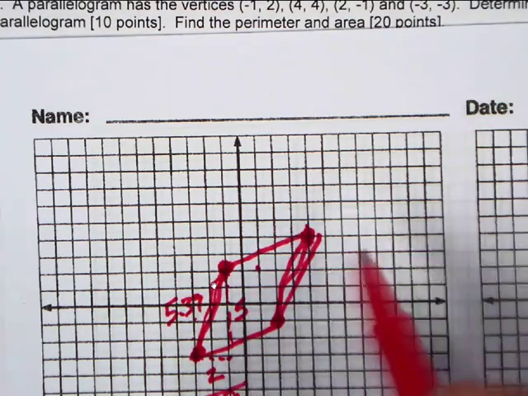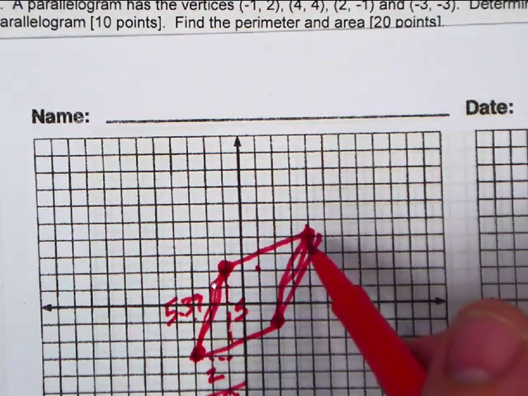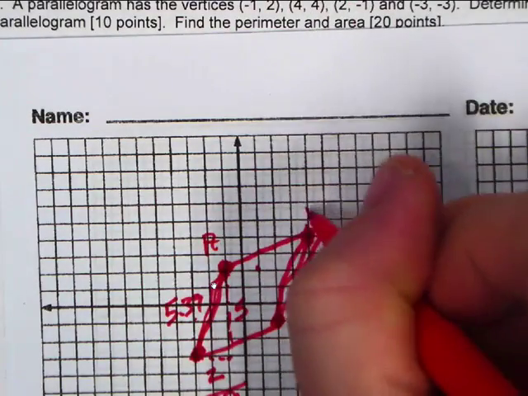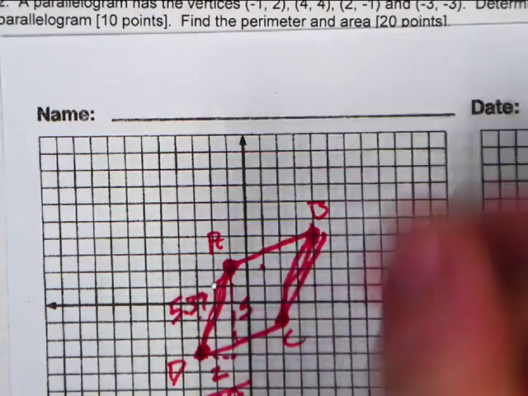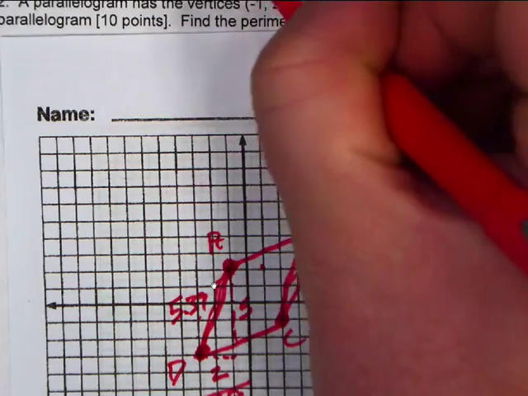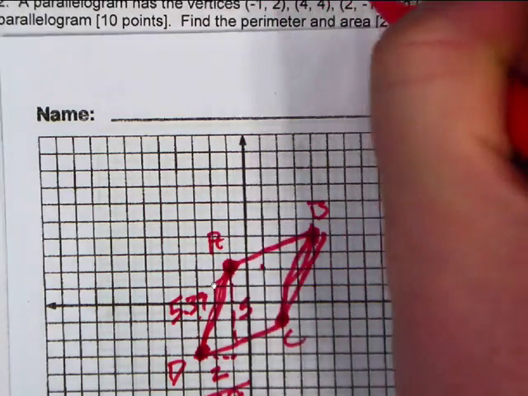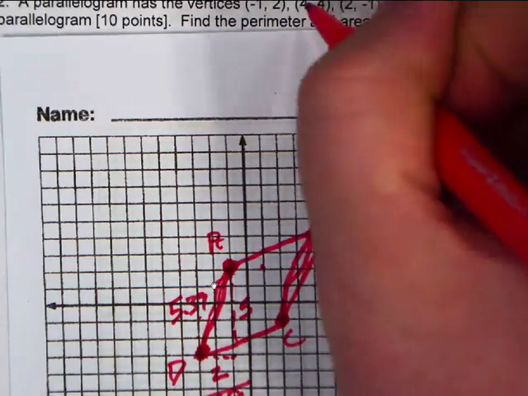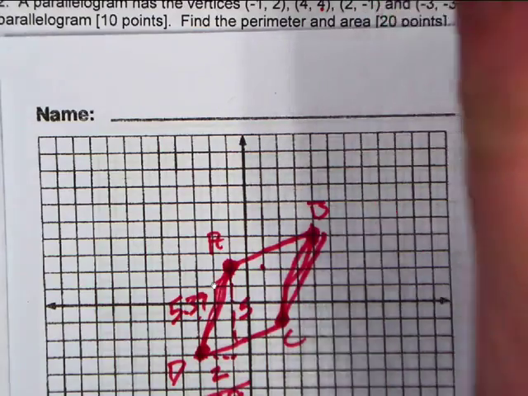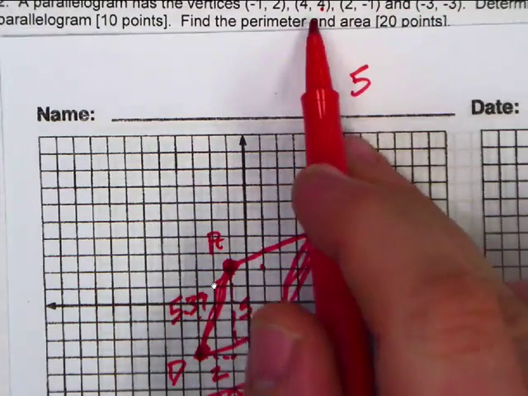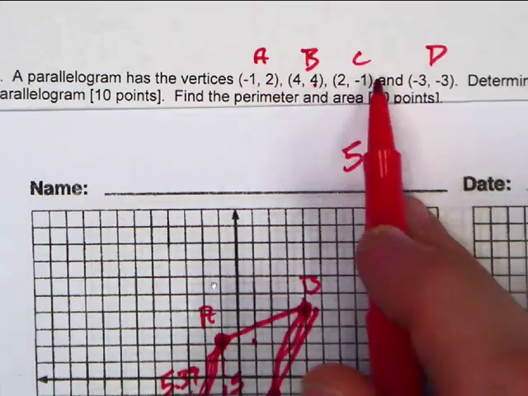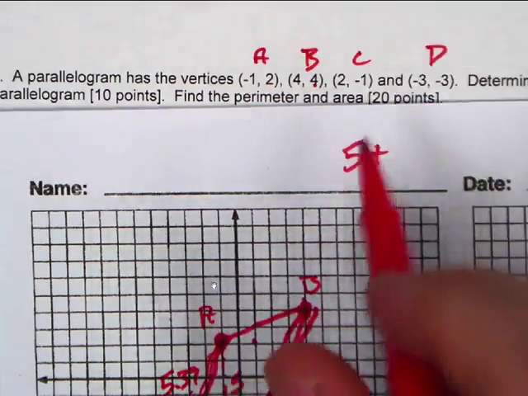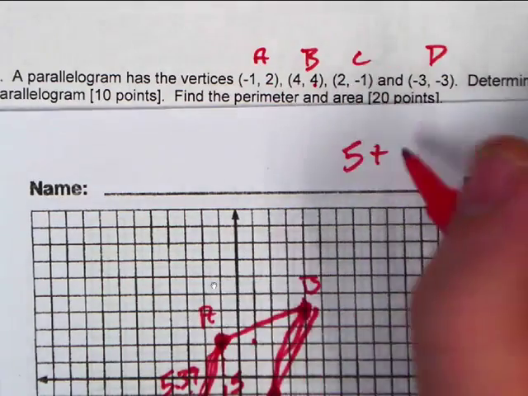Just so you can see it done over here, I have this point, which is 4, 4. If I have A, B, C, D, A is this point right here, then B, C, and D. From B to C, y2 minus y1: 4 minus negative 1 is 5, plus x2 minus x1, which is 2.